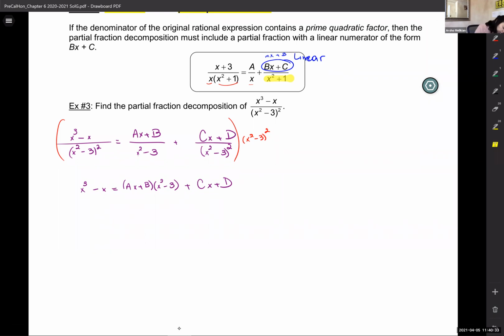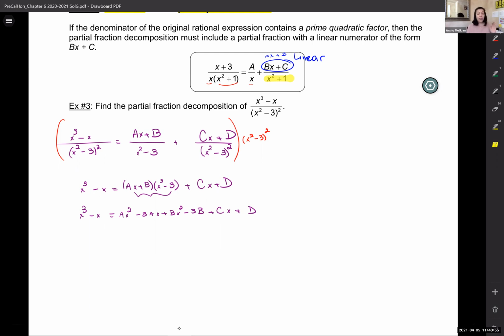Okay, now we're gonna FOIL this. So it's ax squared minus 3ax plus bx squared minus 3b plus cx plus d.